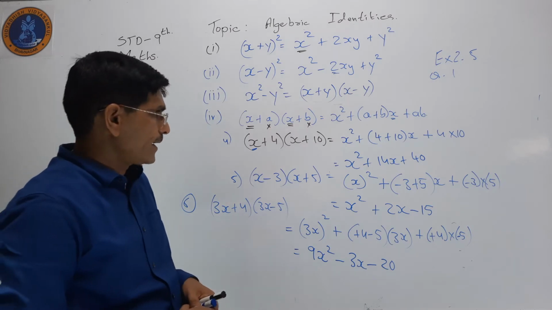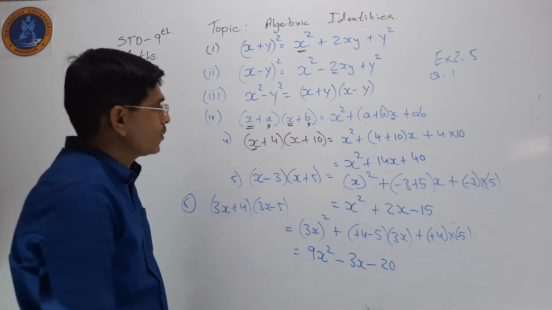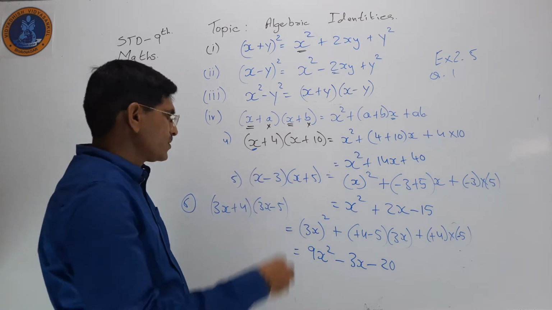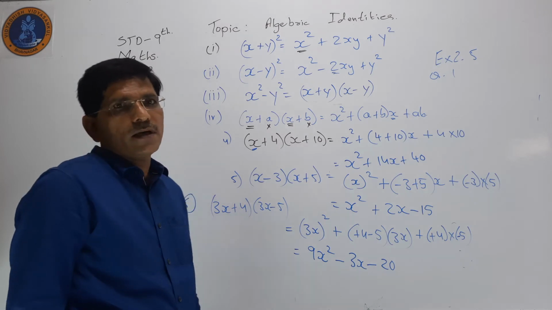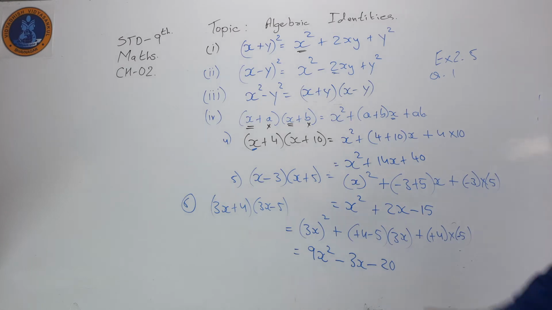Clear? So 9x square minus 3x minus 20. So that was exercise 2.5 question number 1. Mostly I have cleared the sums. Write it now, these two sums, those who have not got the correct answer.